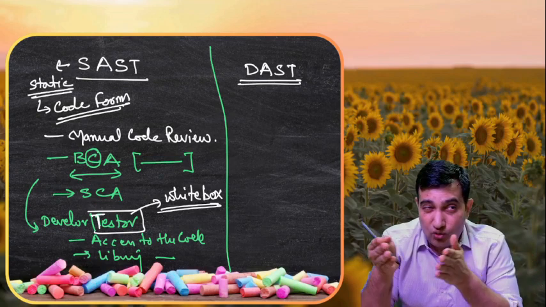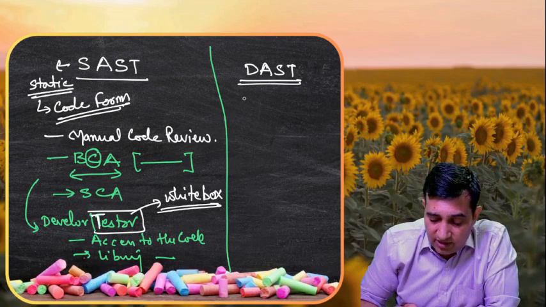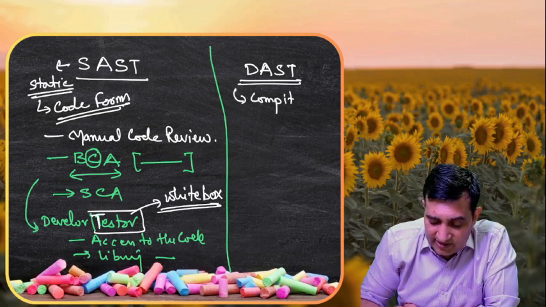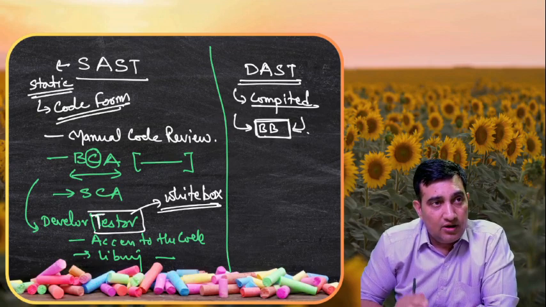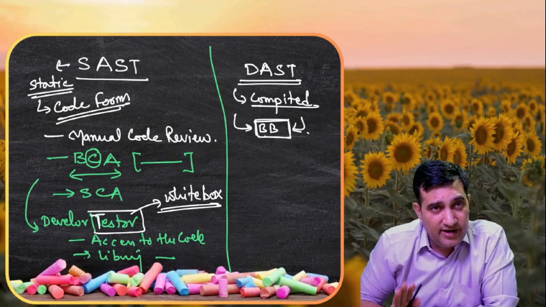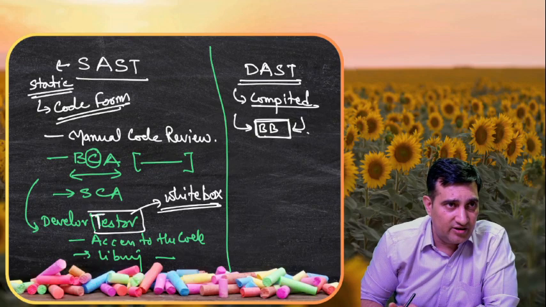But when we go to DAST, that means the software has now been compiled. And when it is compiled, it is now becoming a black box. It is looking like a black box. You will not be able to see the internal coding of the applications. What you will be able to see is only the interfaces and that kind of stuff.